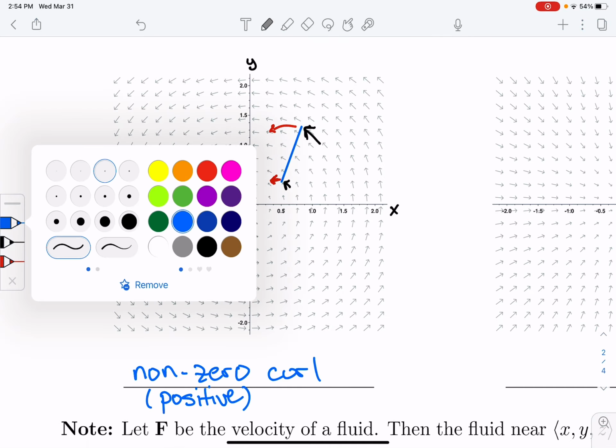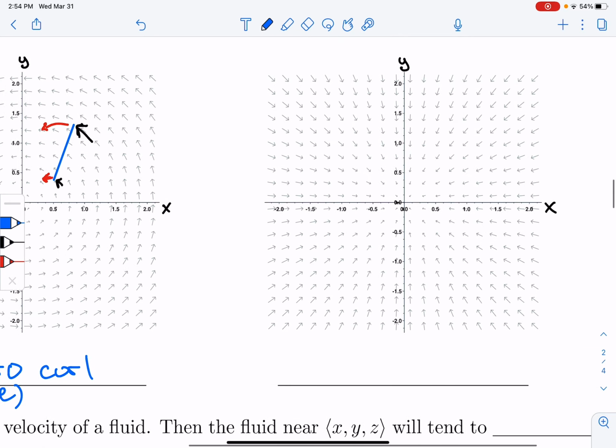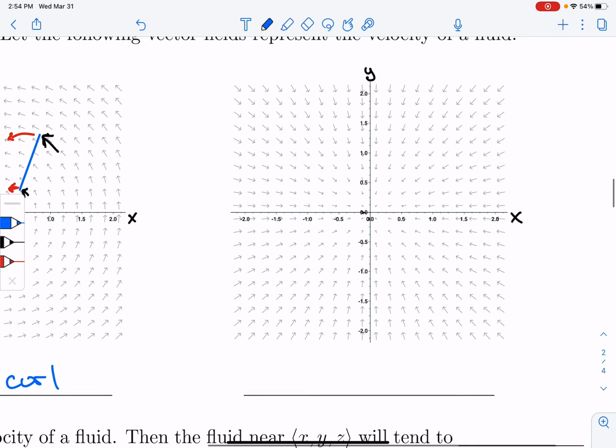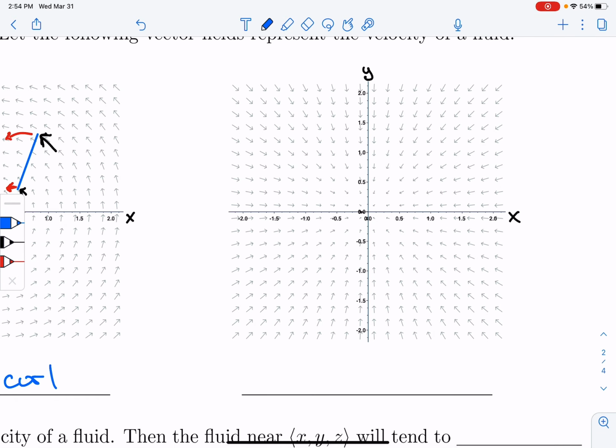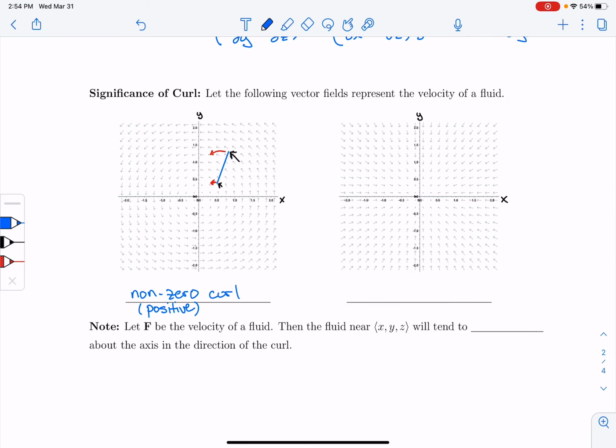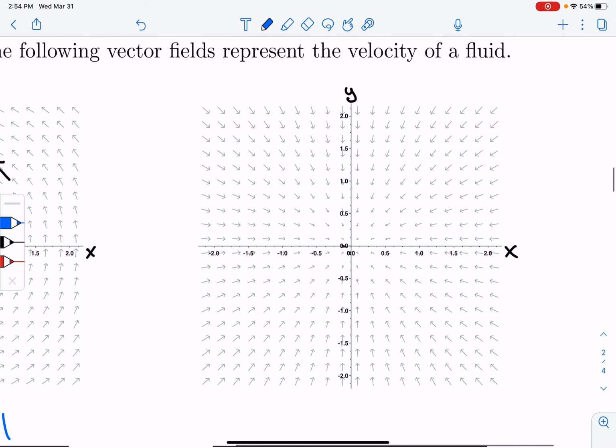Now we could look at another vector field, say this one, and then maybe we can put another stick in this vector field. Okay. And notice as I draw that stick that all the vectors that are pushing against it are the same length.